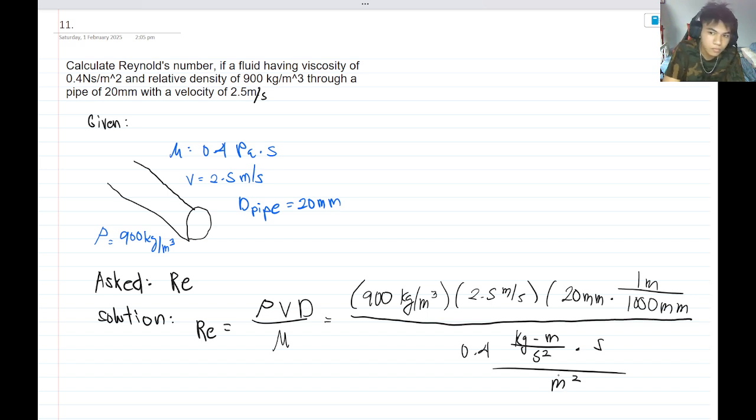Yeah. The kg will cancel, the seconds will cancel, and the rest will just cancel itself out. So, Reynolds number doesn't have any units.